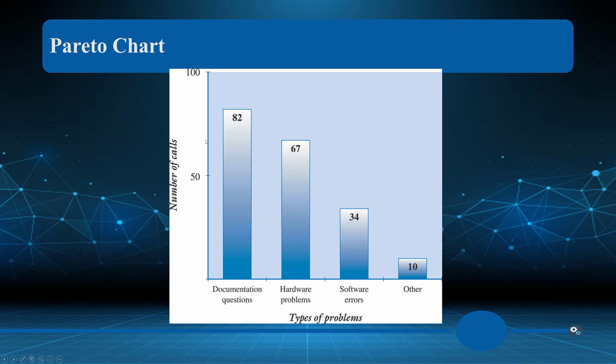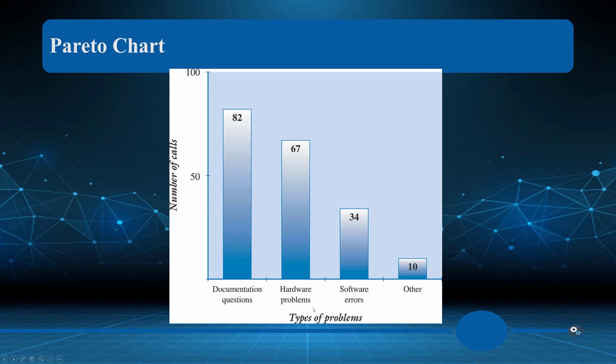A Pareto chart, burrito chart. Documentation questions, hardware problems, software errors, other errors, we just document them. We chart them, so we can see, okay, number of calls. We got 82 calls relating to documentation.